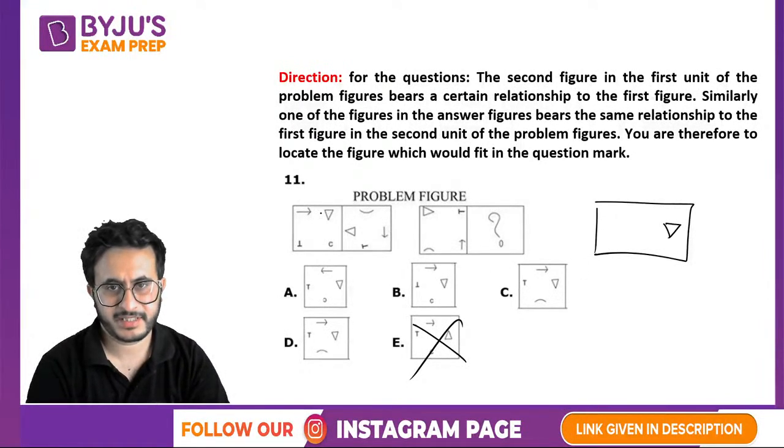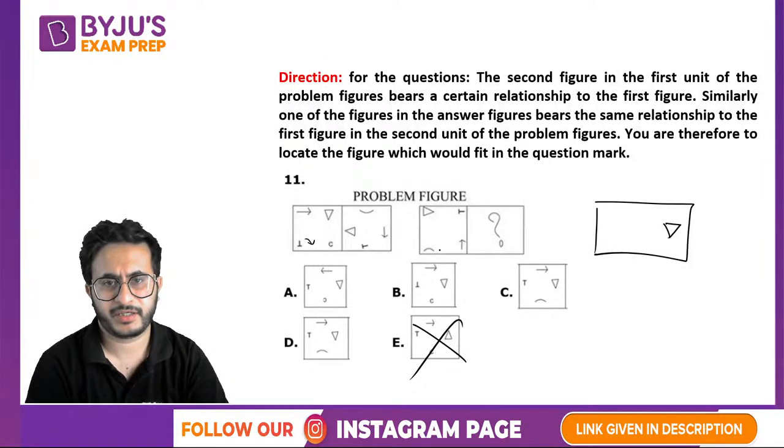Now the second image that we have is of T. Okay, so it went to the center and it got rotated by 90 degrees. Okay, so it will go to the center, right, and get rotated by 90 degrees. But we do not have anything.